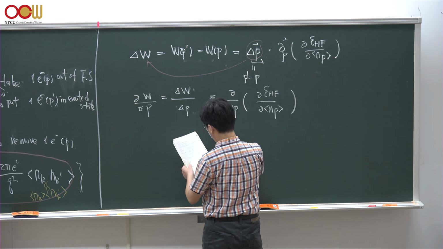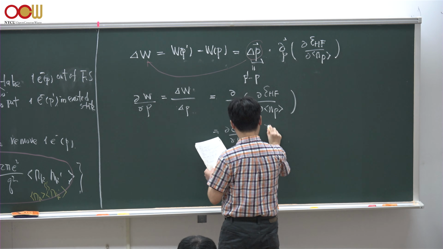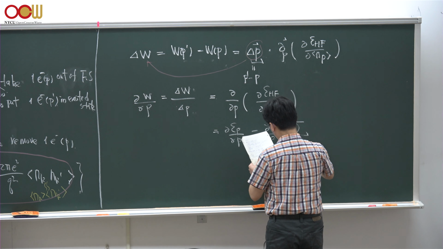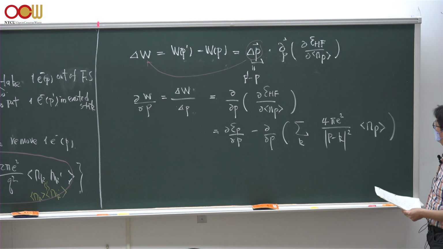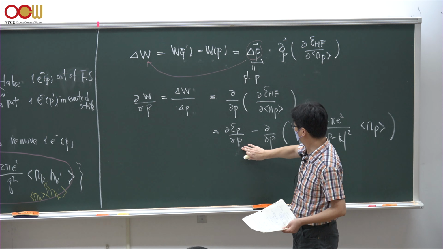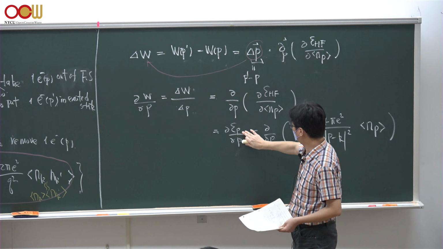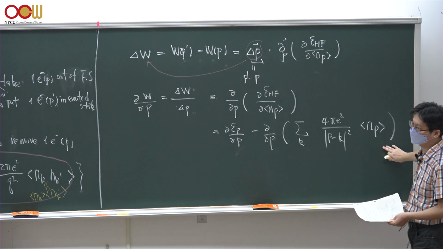So this is given by partial epsilon p, partial p, minus d/dp of the sum over k of (p minus k) squared, and so on. The first term is just the kinetic energy term. We take the partial derivative of the kinetic energy per electron with respect to the momentum. The second term is the Fock exchange energy.